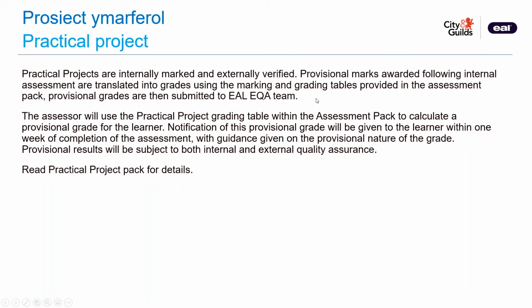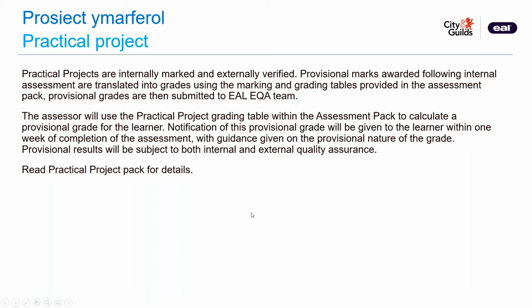When you have a look at the practical projects and the assessment packs, you'll see there's pass, merit and distinction, but there's also 2 grades for pass, merit and distinction as well. So we'll talk you through that a little bit later on when we get onto the marking section.